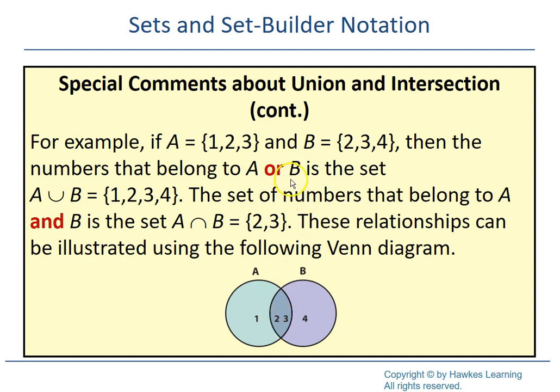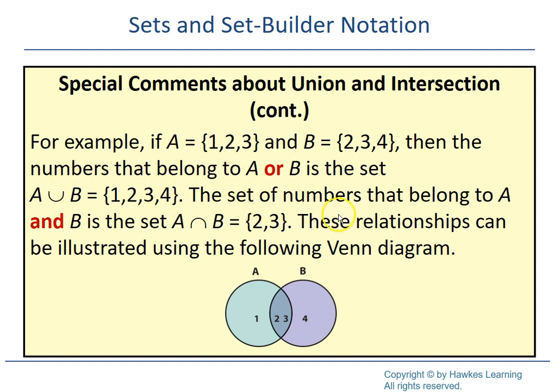And the members of set B were 2, 3, and 4. So if we had union of these sets, the new grouping would be, as we indicate here, A union with B. Remember, A or B would be, in roster notation now, 1, 2, 3, 4.